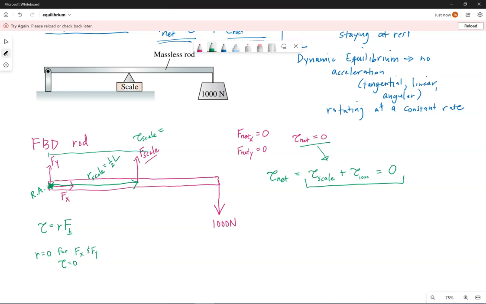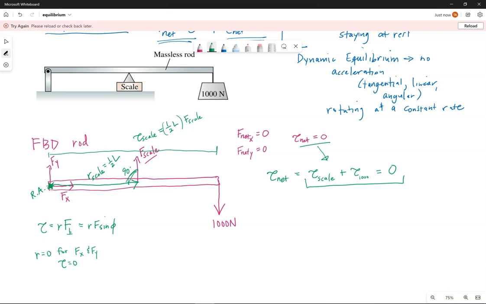So the entire rod is a length L. So R is 1/2 L. The force is, I'm just calling it force of the scale. Now, those are already perpendicular, right? The angle between these is 90 degrees, so I'm good. If we were using the RF sine phi equation, phi would be 90, so that just gives me 1.